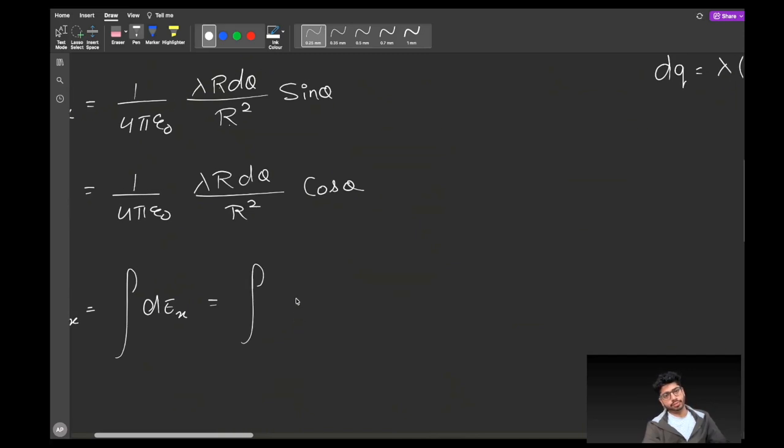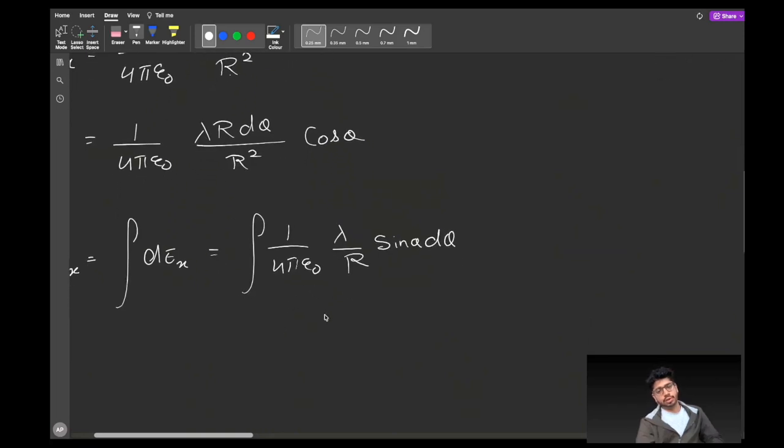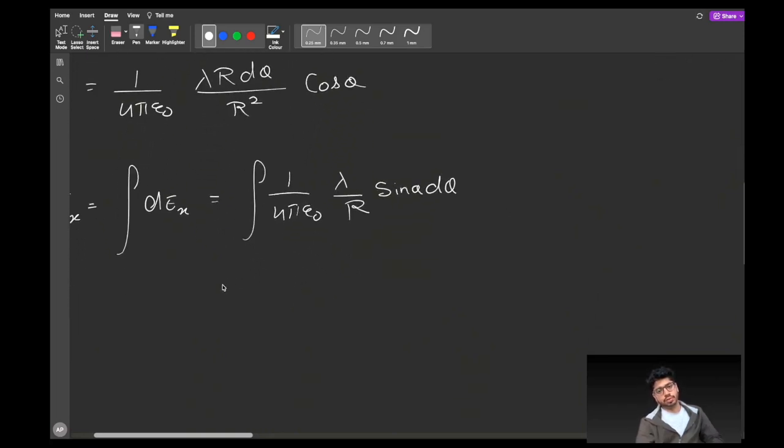Okay. Lambda by r, sine theta d theta. And I'm taking this constant outside, 1 by 4 pi epsilon naught.